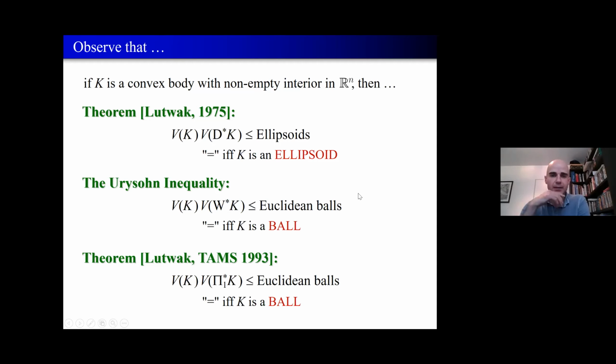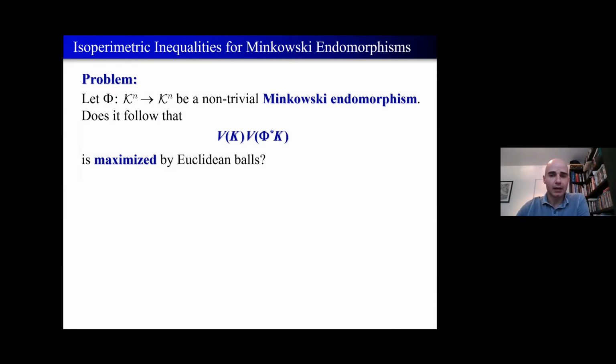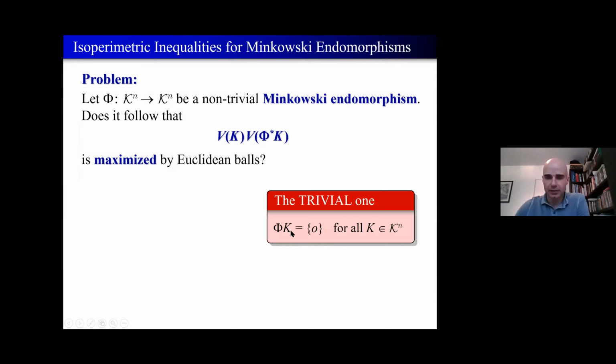In one of my very first papers, I was considering these Minkowski endomorphisms, and I think it was in my very first meeting with Erwin Ludwig in 2006, he suggested the following problem. So consider a Minkowski endomorphism, and let's say it's not trivial. So there's a trivial one here, which maps every convex body just to the origin.